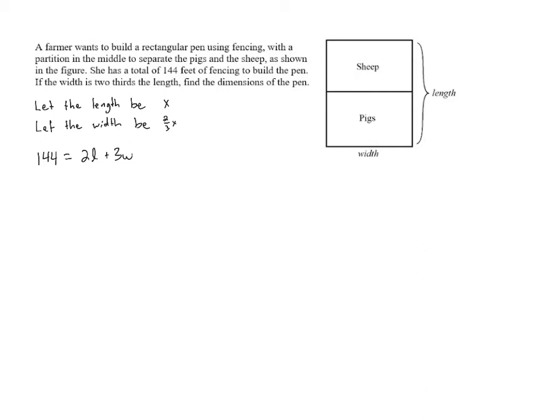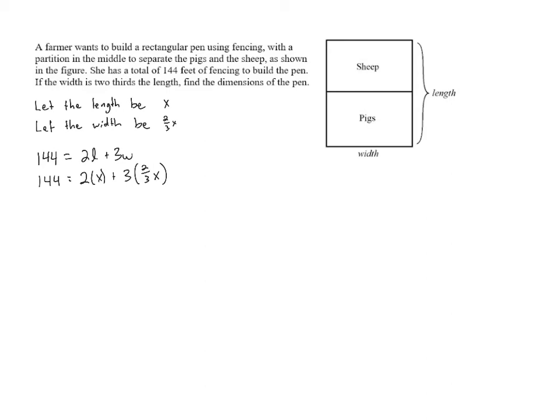This is a challenge problem. We have to adapt a little bit from the previous problems. Let's plug in the quantities then. We've got 144 equals 2 times the length, which is x, plus 3 times the width, which is 2/3 x. All right.